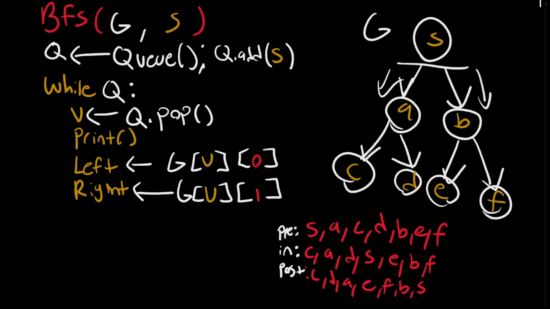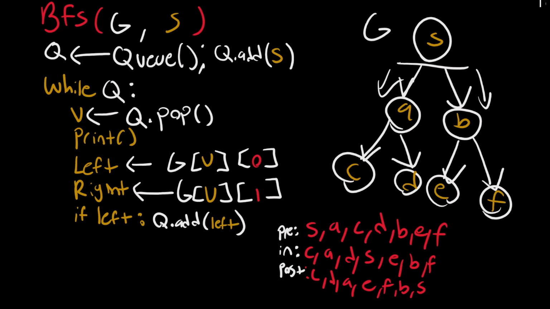Now the final check is going to be, okay, we have left and right. Now, if there is a left, if left isn't null, it's going to evaluate as true. We're going to add left to the queue. So we're going to q.add left.